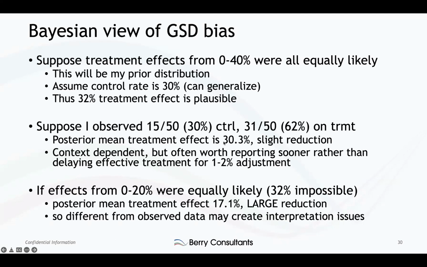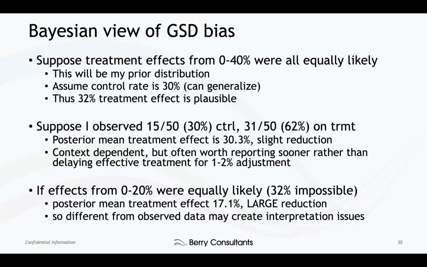So the point estimate is 32%. My posterior mean is 30.3. But because the 32% is plausible, I'm not pulling it down very much. So you could argue, oh, maybe there's a little bit of a bias here, but I probably don't want to delay getting this treatment out to patients.